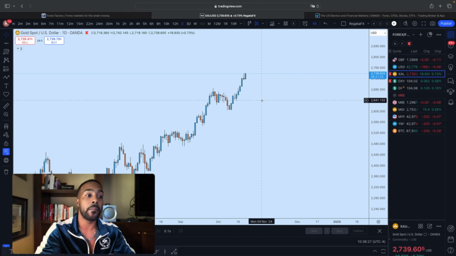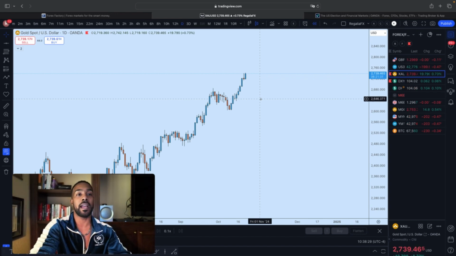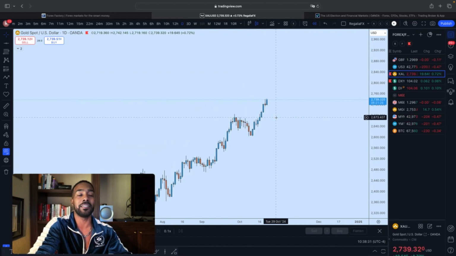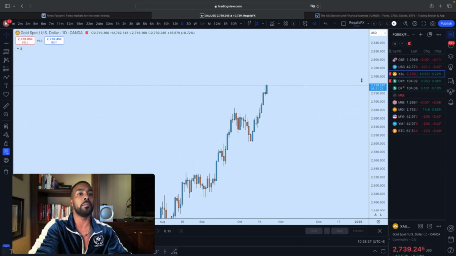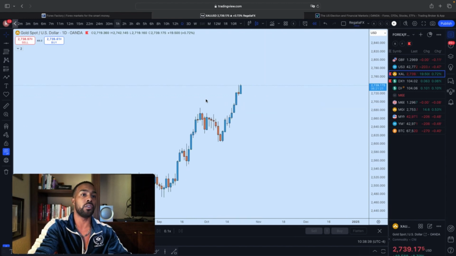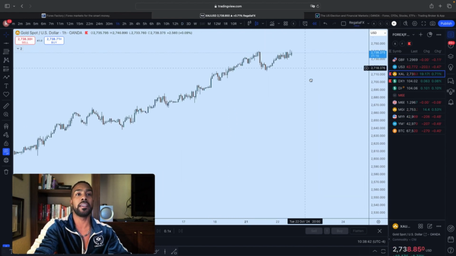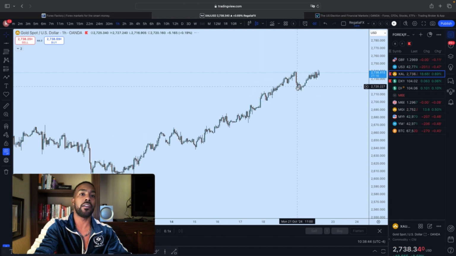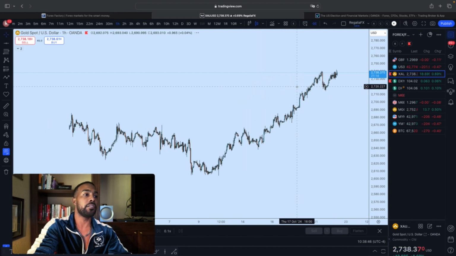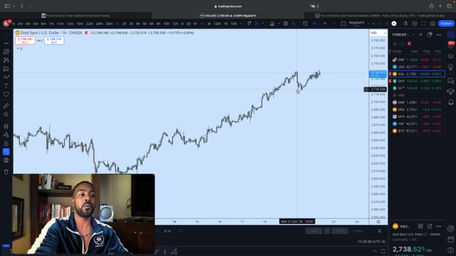So who knows, we may or may not know exactly on November 5th, but at least until then, or the following week after we know who's the president, I'm just going to be following the trend and looking to buy dips on gold, because people are going to continue to buy gold as they are uncertain as to what's going to happen with the US election and the economy.